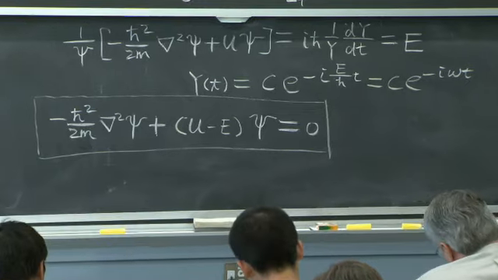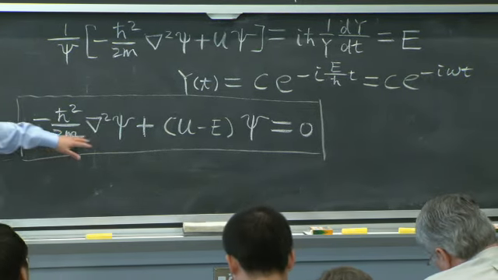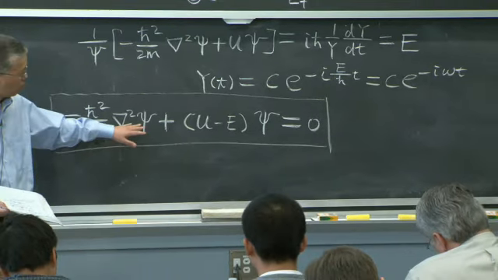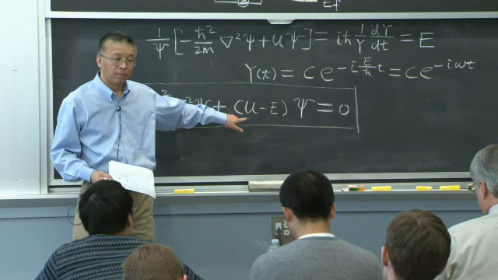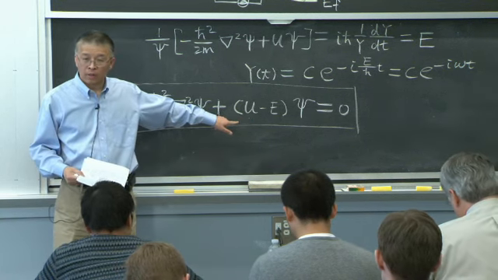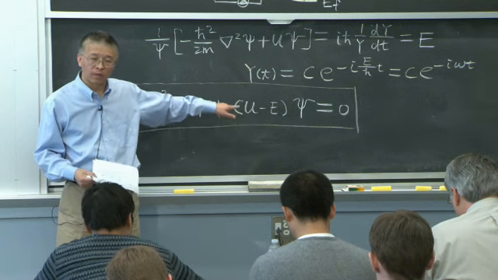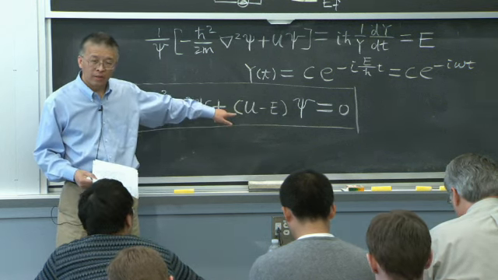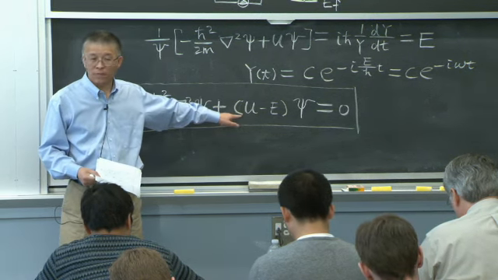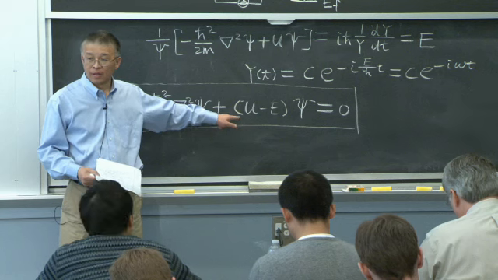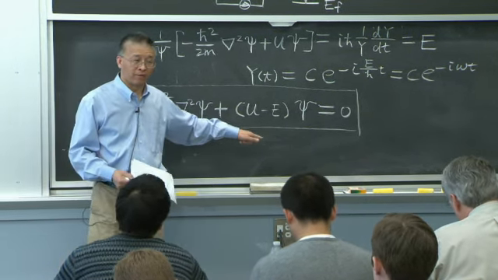And the difference, if you look at it, what's different for each problem is really this U. It's the potential that this matter wave, electrons, atoms, are constrained by. And different potentials give you different energy states of the matter.